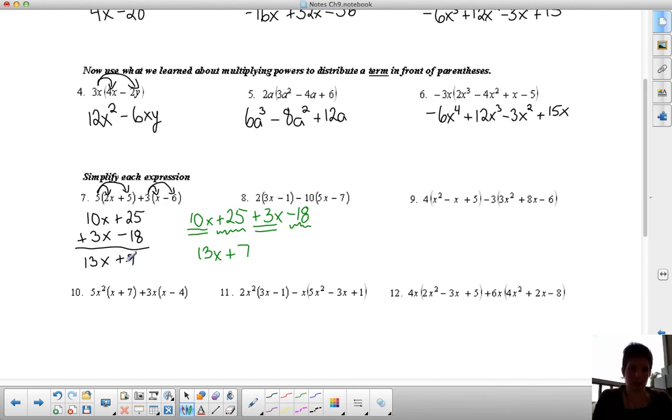We still combine like terms. I told you I would talk through number 10, so let's do that one together as well. We take this monomial times the binomial x plus 7. We'll distribute here. And then we take this monomial times a binomial.